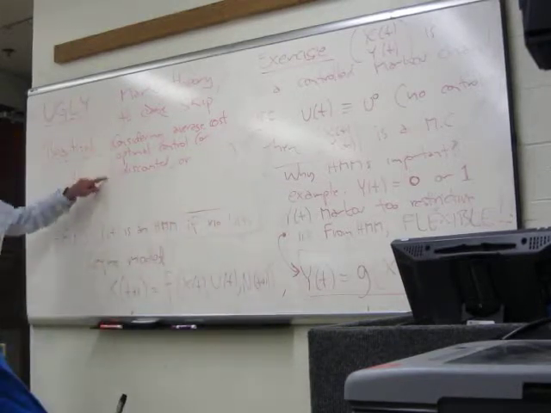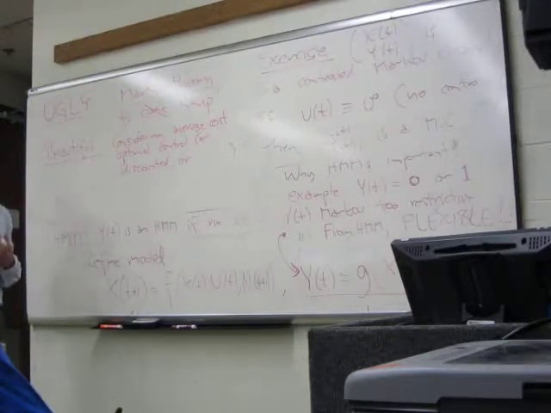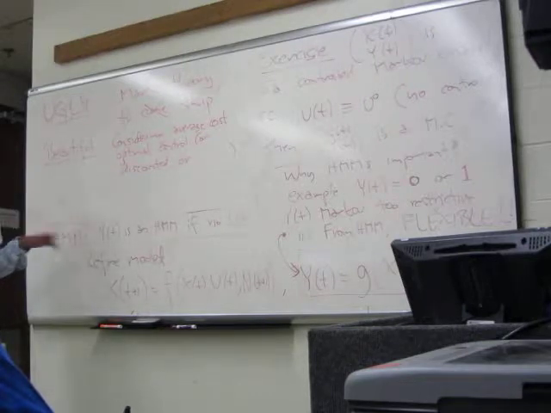Just everything can be defined in the same way. I'm trying to minimize the expected average cost, or minimize the cost up until some defined time horizon. Any of those things at all.